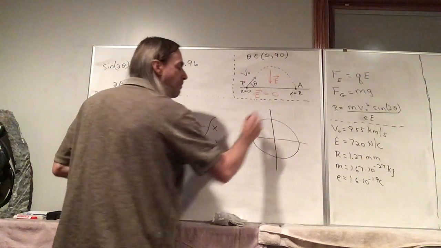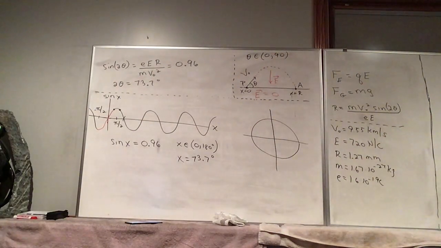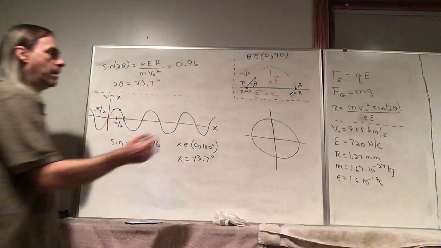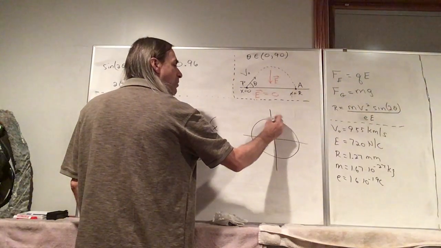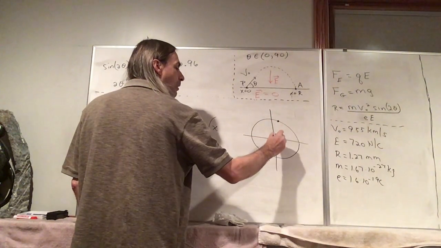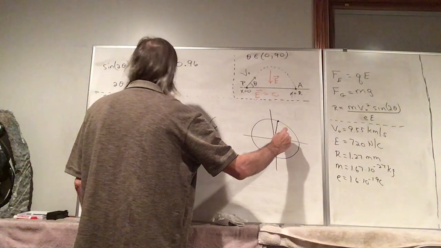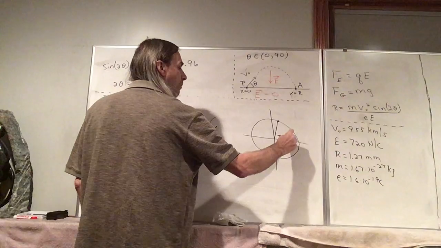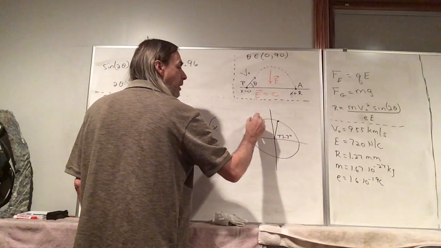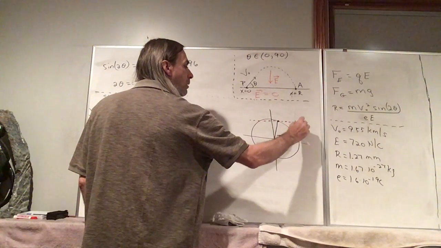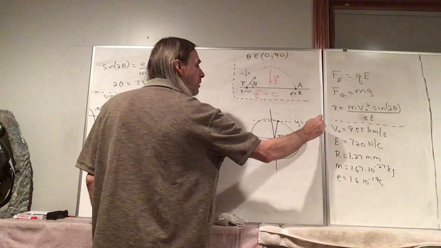So remember, if you look at a point on the unit circle, the y-coordinate is sine. So we have this point here, like this is 1. So like right here, this is 73 degrees, where this y-coordinate is 0.96.